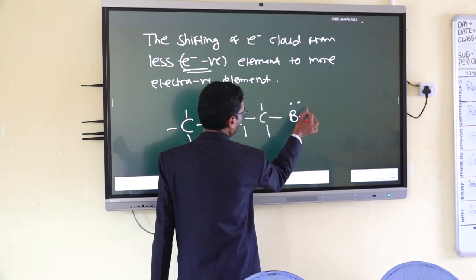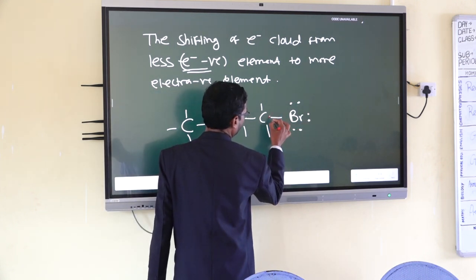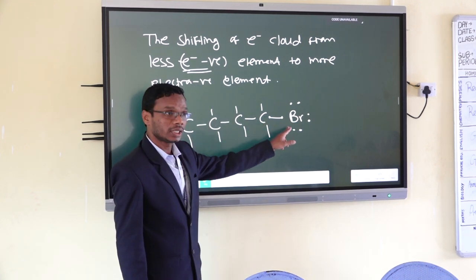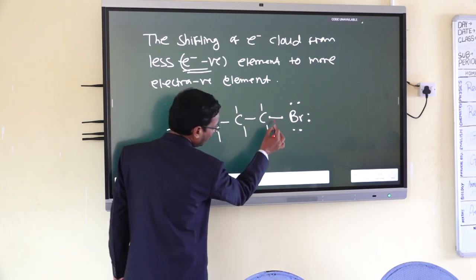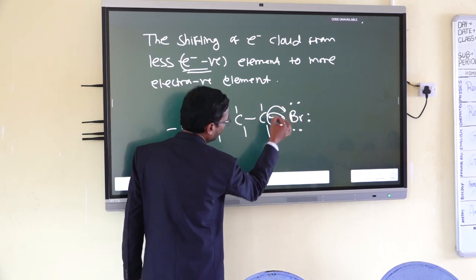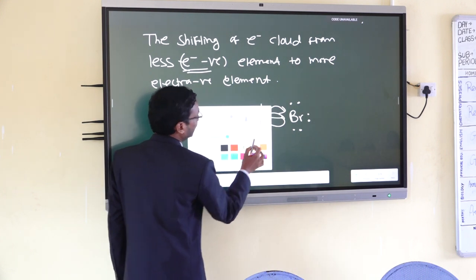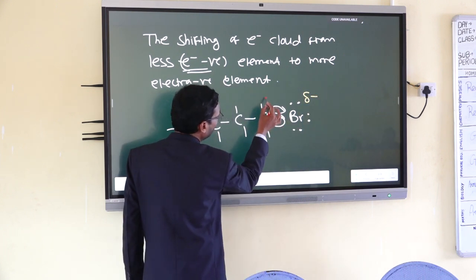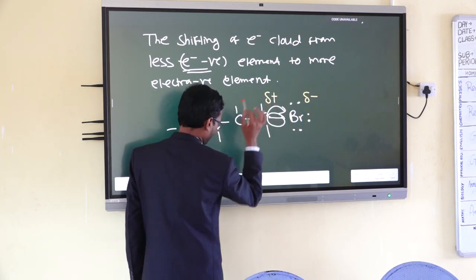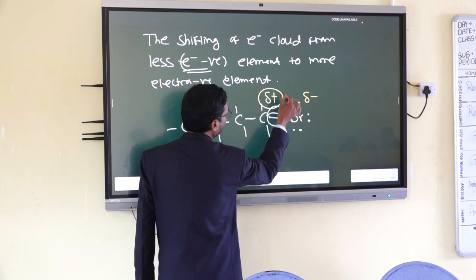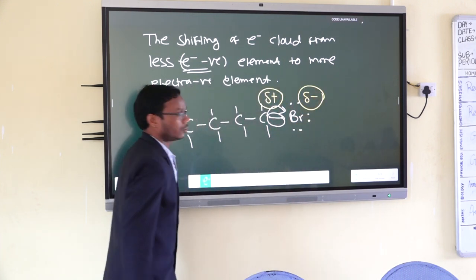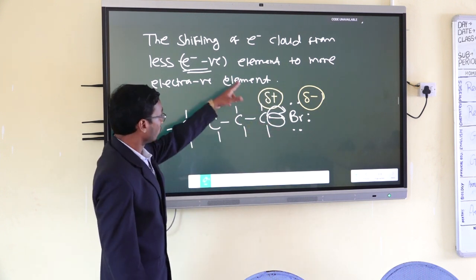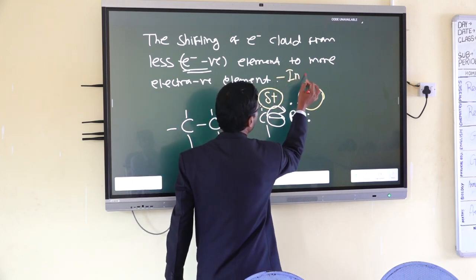Now in this compound, carbon is less electronegative, bromine is highly electronegative, so the electron cloud shifts from carbon to bromine. Then a partial negative charge appears on the bromine, and a partial positive charge on the carbon. Look at this point carefully. After the shifting of electron cloud, this is your inductive effect.